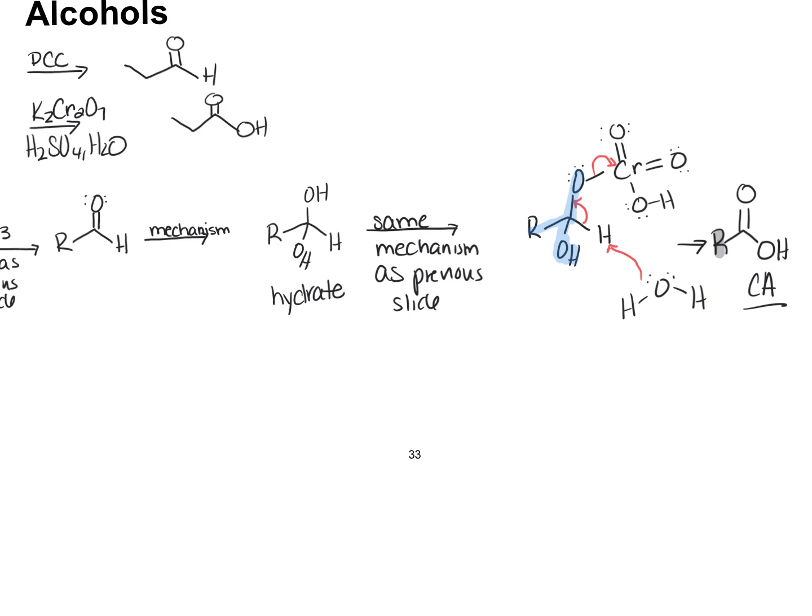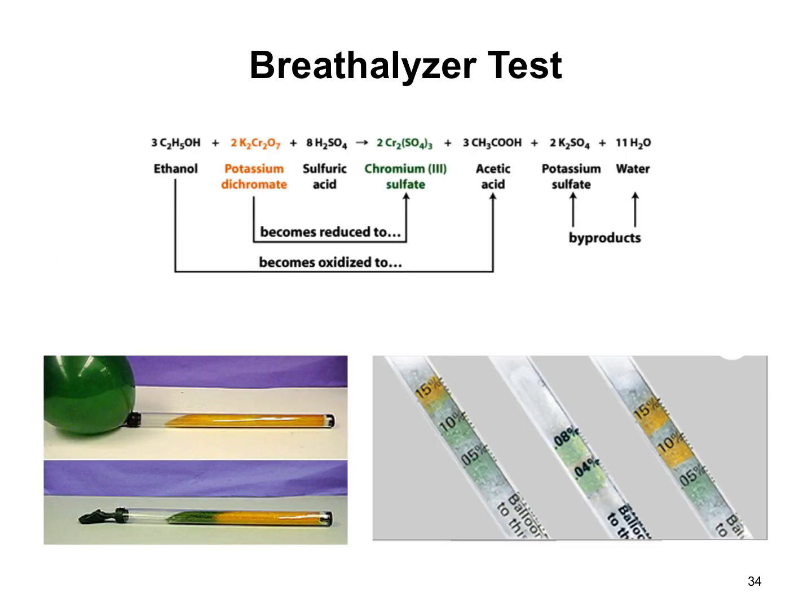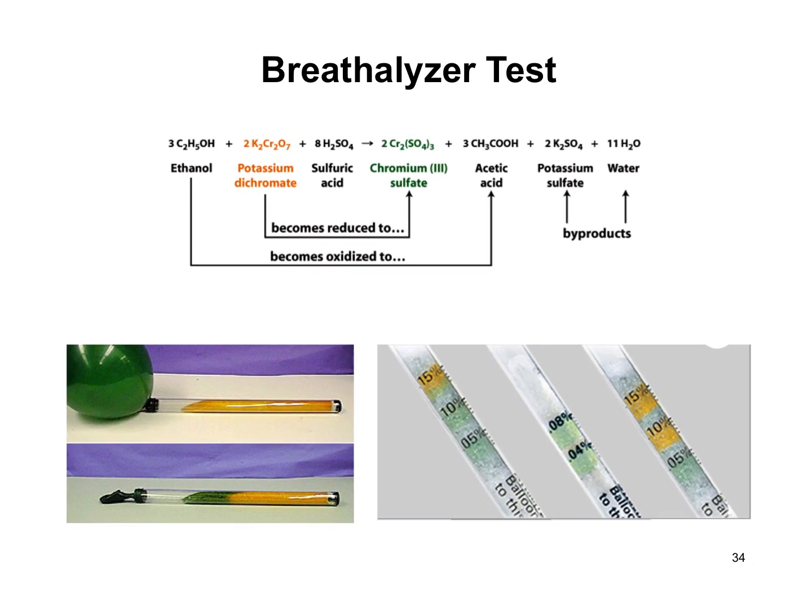Okay. I find this alcohol mechanism really fascinating because to me it has a really interesting practical application. This reaction is used and was used in early breathalyzer tests. And so potassium dichromate, for example, is orange.